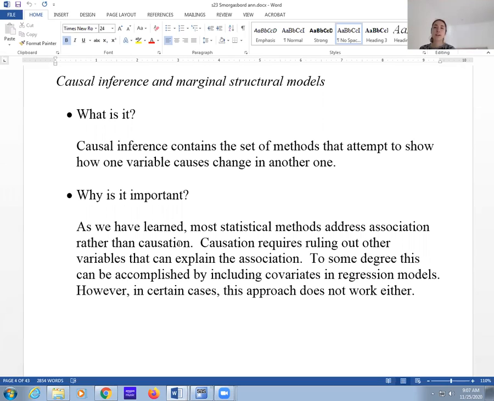I think you would try to adjust for potential confounders, and you would maybe think about interaction. Yeah, that's right, Chloe. So we would add other variables into the model.